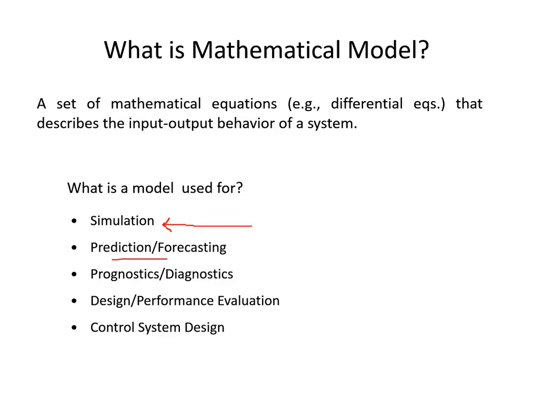And they can be used in prediction and forecasting, prognostics, diagnostics, design and performance evaluation, and control system design. And throughout the course, we are going to look at several examples where the mathematical model can be very useful.